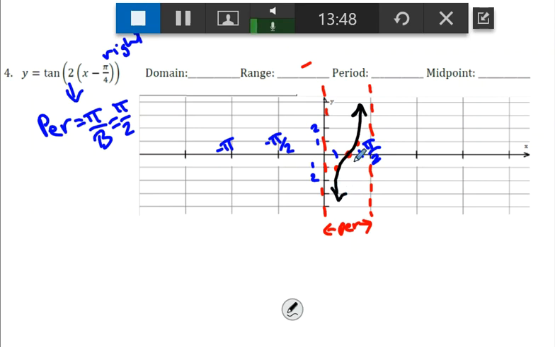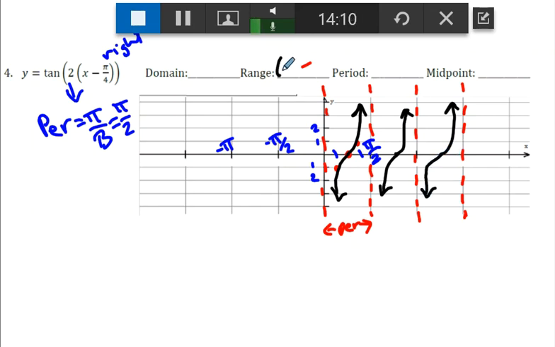Okay, remember that all of these graphs repeat forever. So even though we're just doing one period of the graph, we could keep marking the axes and we could make more graphs in each one.